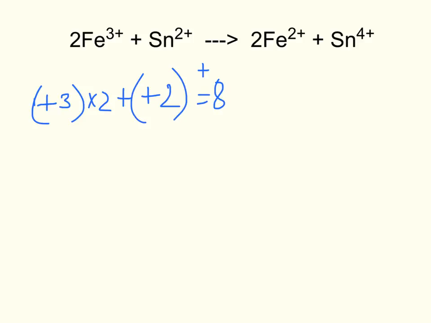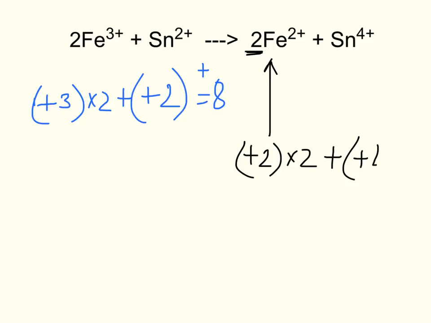And if we look at the product side, we can see that we have plus 2 oxidation number on the iron times 2, because we have 2 iron ions, and we have plus 4 oxidation number on tin. Together it gives us plus 8. The charge is conserved.